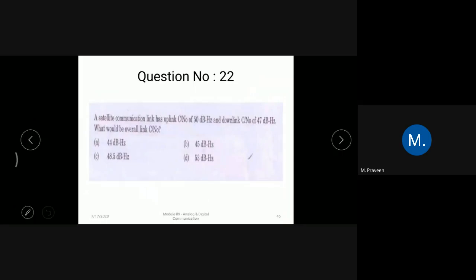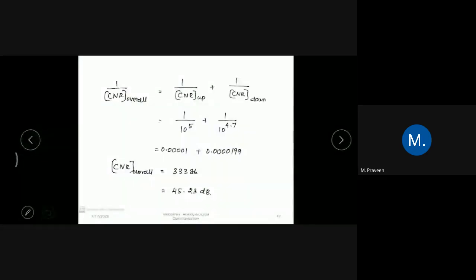Next, a satellite communication link has an uplink CNR of 50 dB hertz and a downlink CNR of 47 dB hertz. What would be the overall CNR? These are all direct questions. The formula for overall CNR: 1 by CNR overall is equal to 1 by CNR uplink plus 1 by CNR downlink.